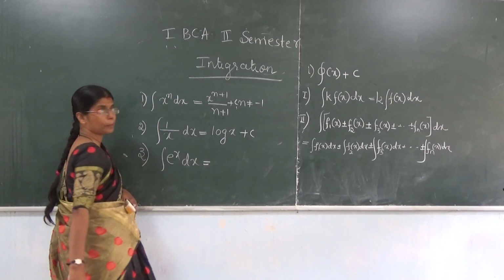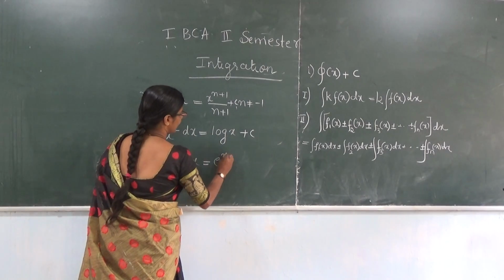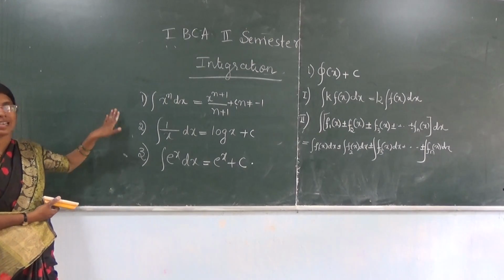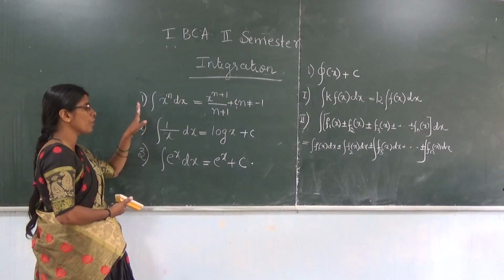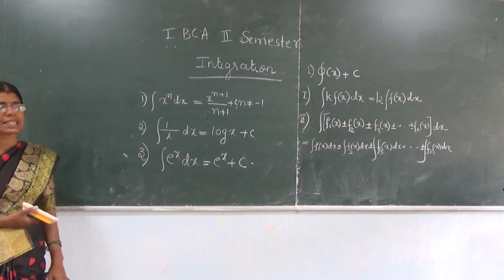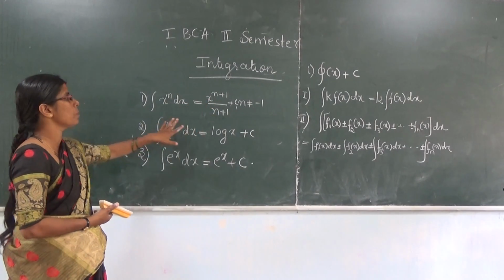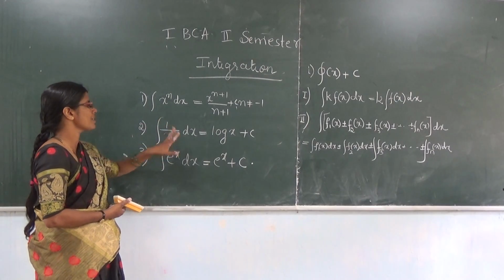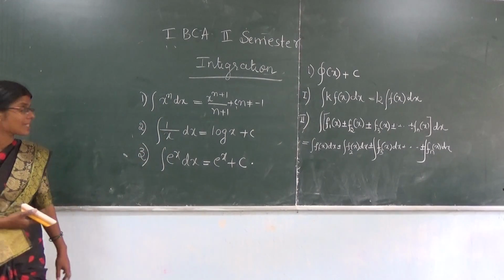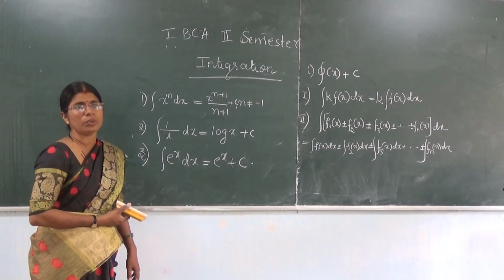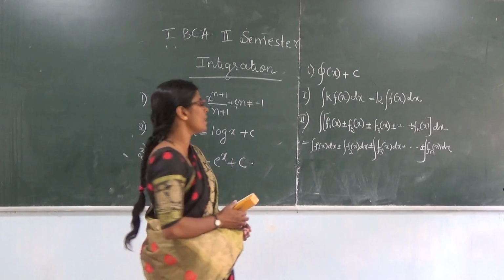Integration of e to the power x is e to the power x plus c. So these are some standard functions. Integration of x to the power n with respect to x is x to the power n plus 1 by n plus 1, integral of 1 by x with respect to x is log x plus c, and integral of e to the power x with respect to x is equal to e to the power x plus c.